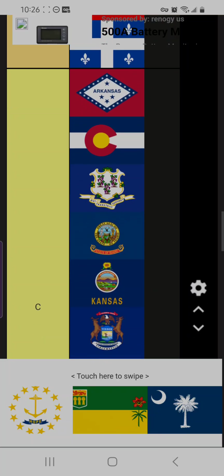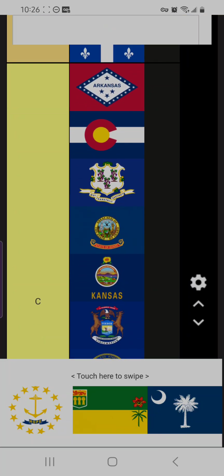Rhode Island. Rhode Island, the smallest state, has a really good flag, with the anchor and with 13 stars representing the 13 colonies, and the word hope. I think it does make it the A tier.